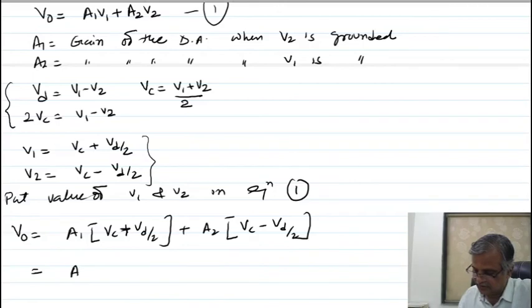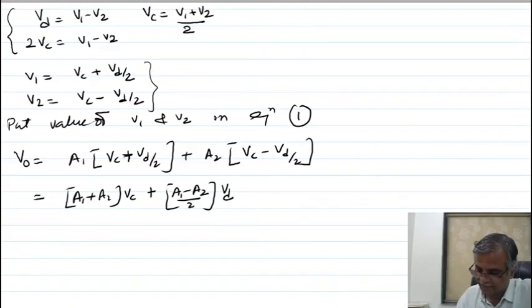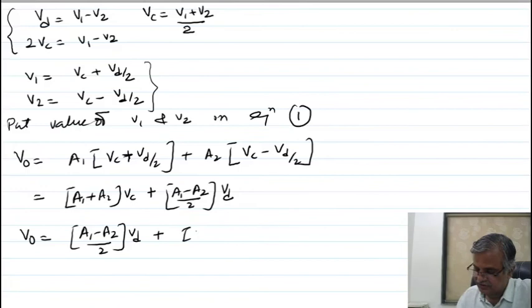So I can write A1 plus A2 into VC plus A1 minus A2 by 2 into VD, or I can write VO is nothing but A1 minus A2 by 2, this is your VD, plus A1 plus A2 by 2 into VC.